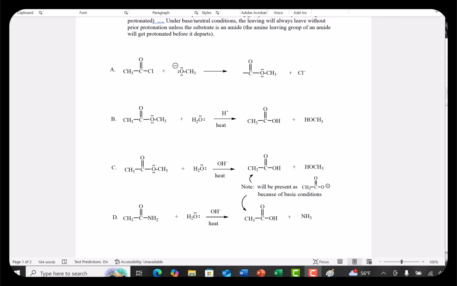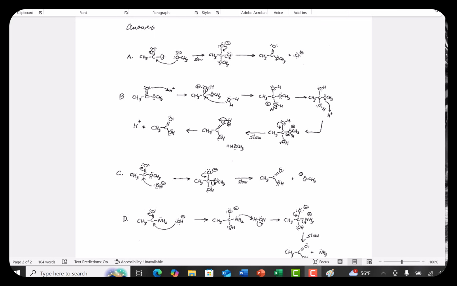All right, let's move down and look at the answer sheet to make things a little easier. Okay, reaction A. It's under basic conditions, so we're not going to protonate anything. The attack of the nucleophile is the first step. That gives you the tetrahedral intermediate shown.